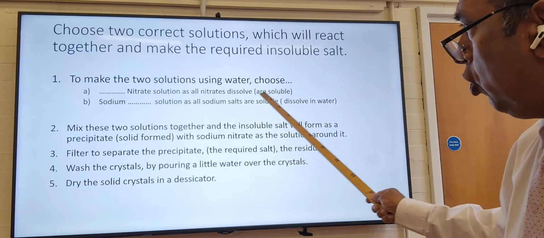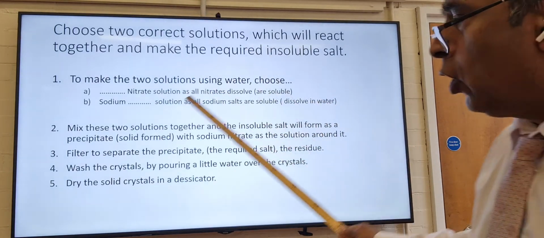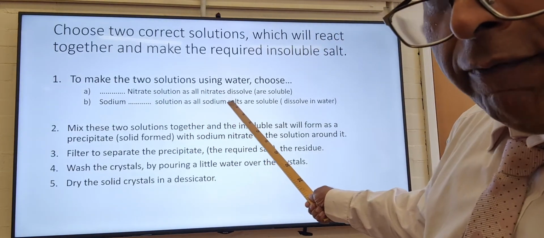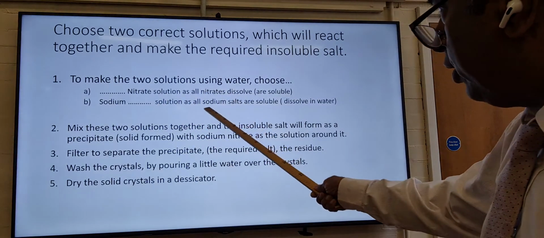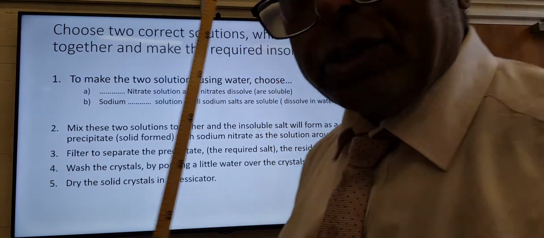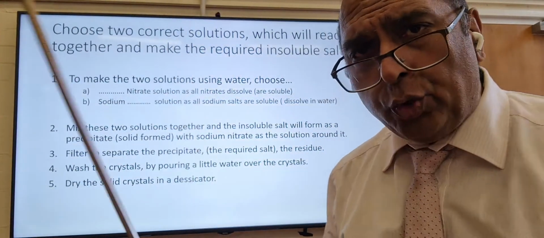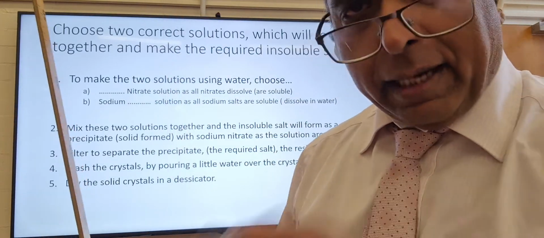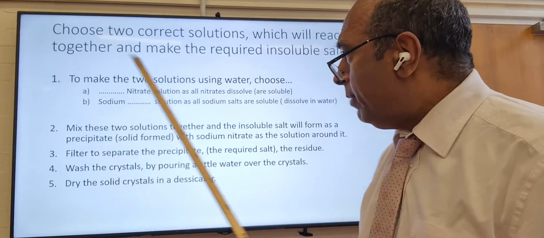Because nitrates all dissolve, they are soluble. Why do we pick a sodium solution as the second of our two solutions? It's because all sodium salts are soluble. They dissolve in water. So having got the right two chemicals as solutions, and I'll demonstrate some, you can have a look. We mix them together.